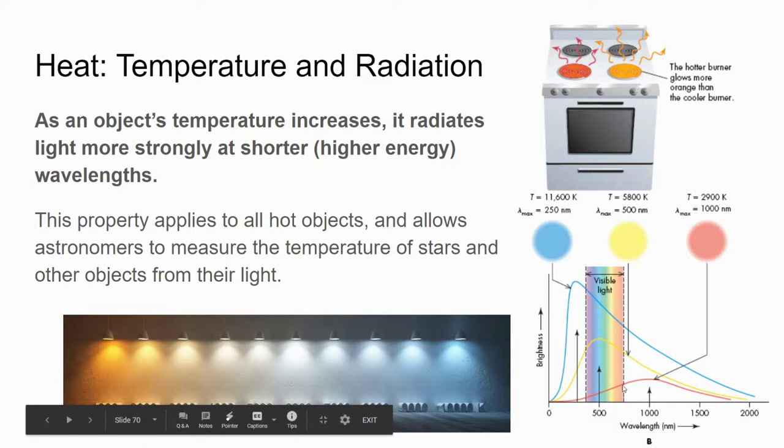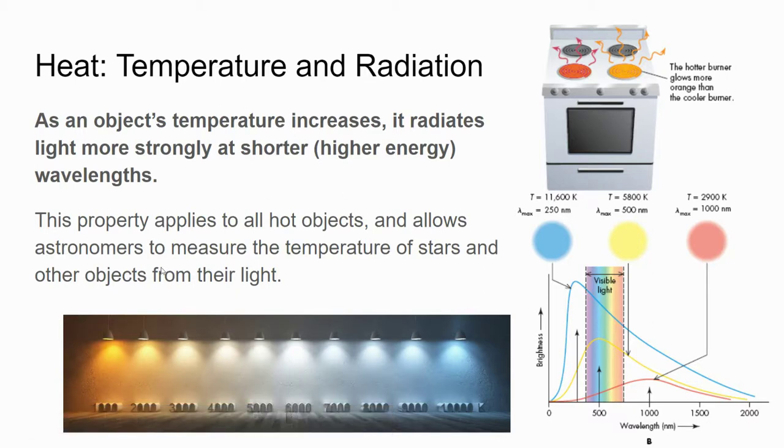However, it is still putting out some light in the visible, which means you would see this as something like a dim red light. So if you look at this picture over here, something that was 2,900 Kelvin would be about 20% of the way into the picture. It would look something like that.